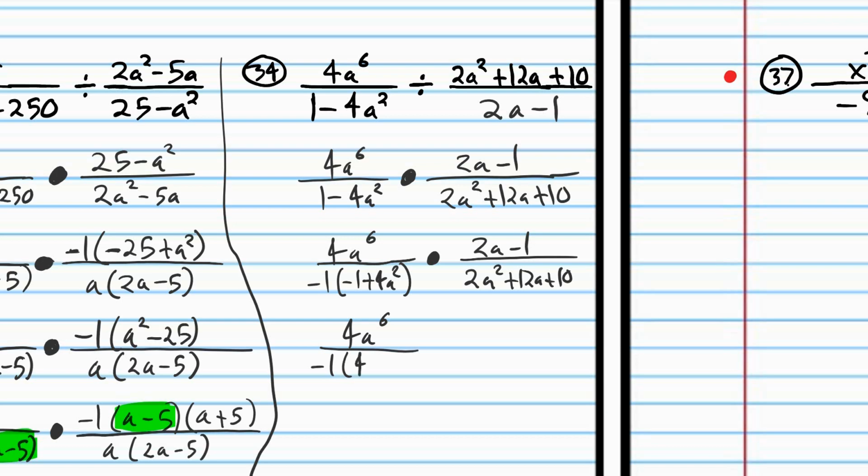So we're going to rearrange that so it's 4a squared minus 1, and now it's a lot more familiar.